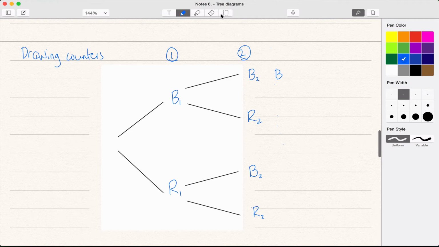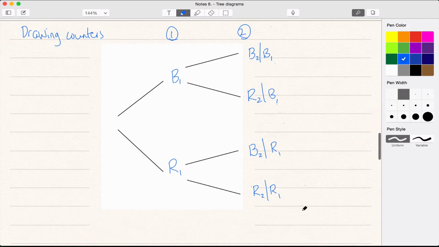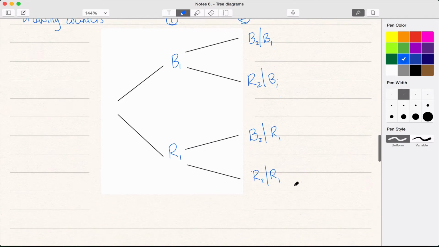So this one here is B2 given B1, R2 given B1, B2 given R1, and R2 given R1. Oh, it would be cool if that was R2D2. Need to make an example that does that.